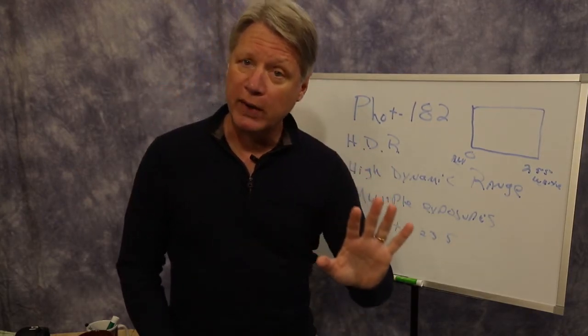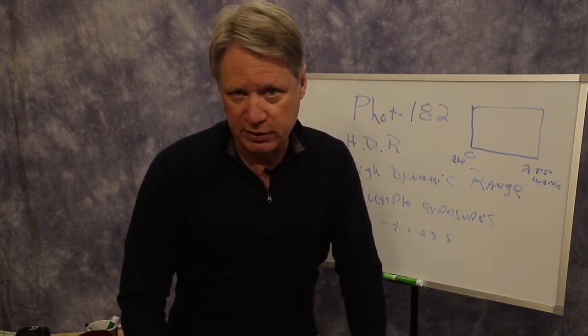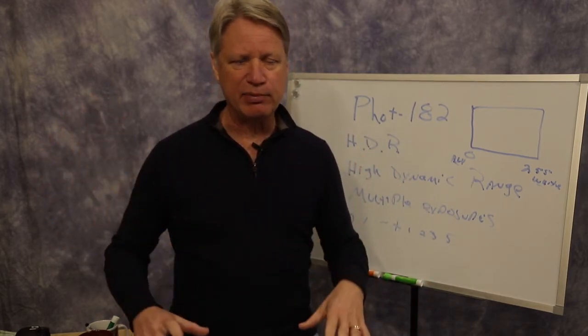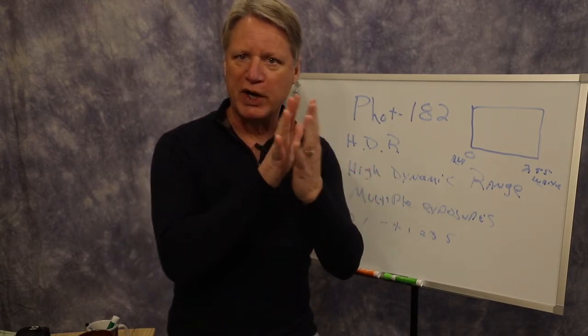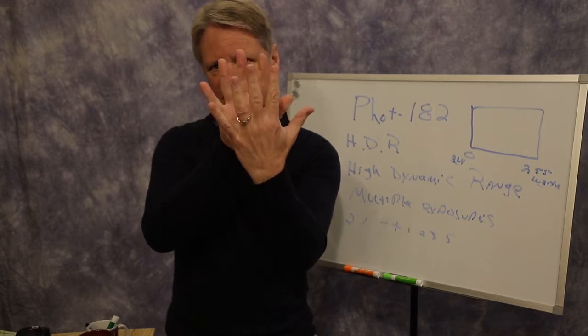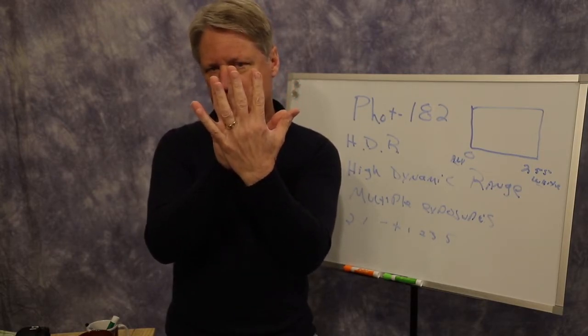Now that's one way to do it, and I highly recommend that you do that to start. Put the camera on a tripod or on a table or on something so that it will not move, so the registration is perfect. Each image is a direct copy of the other. The camera doesn't move at all. Okay?